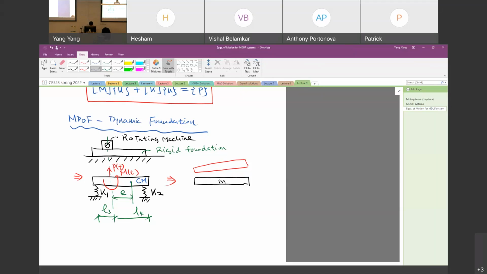So firstly, we need to construct a coordinate system. For example, we need to consider the rotation of the mass, theta. And then we have the displacement.